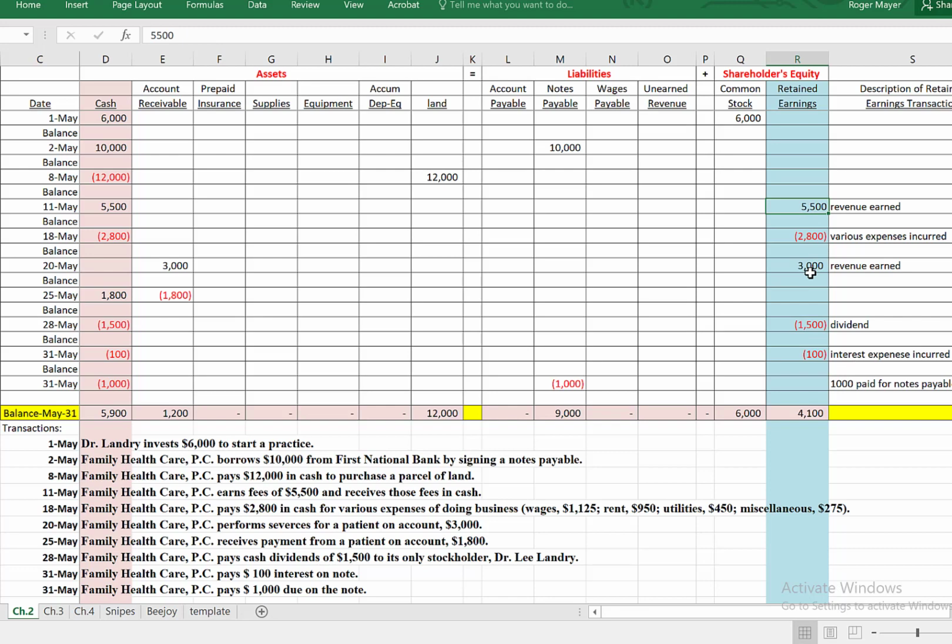We have revenue of the sum of $5,500 plus $3,000, and we have expenses of $2,800 plus an additional expense of $100. So when we sum these, we should see $19,100.